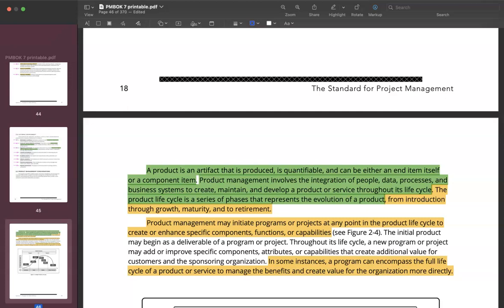So the point here is that every product has a life cycle, right? So a product is born, then a product is built, and then the product may be sold in the market, and the product may undergo many different iterations or versions of it until it reaches a point where the product starts becoming more and more obsolete, and other products take over, and that product is retired.